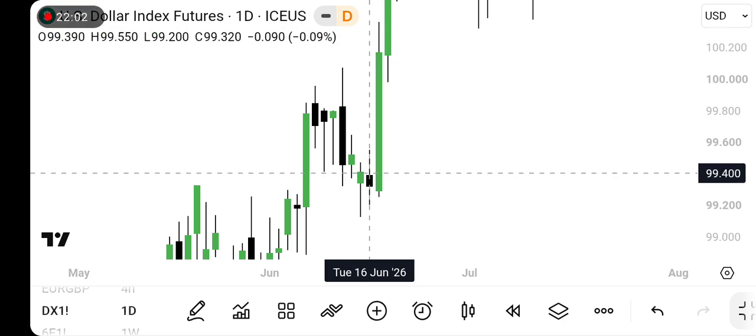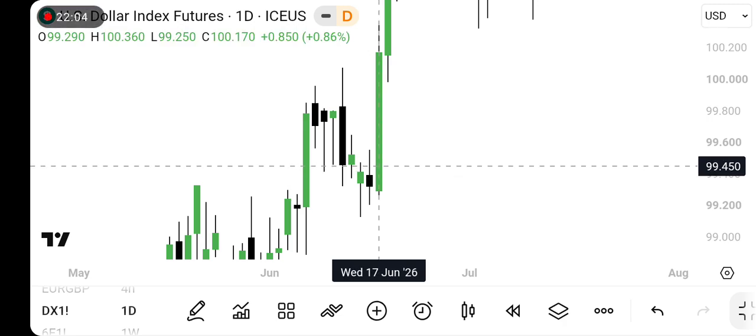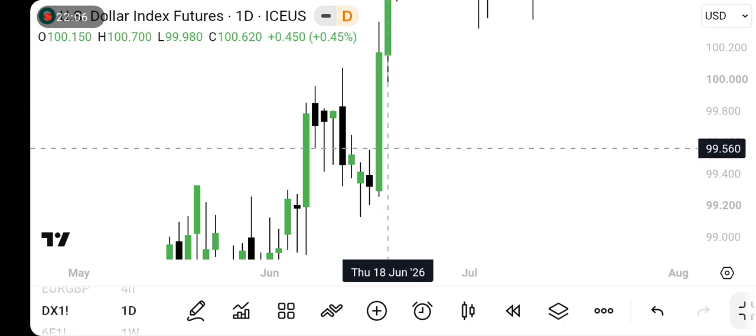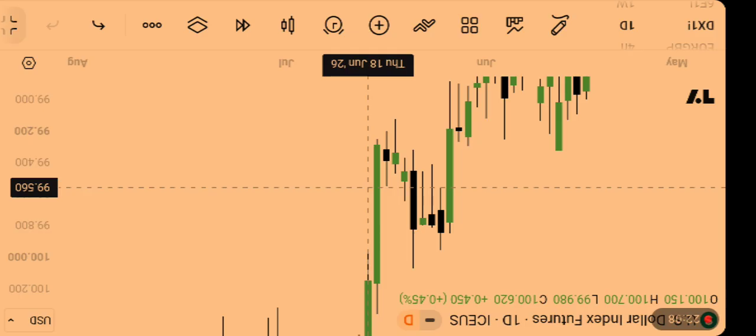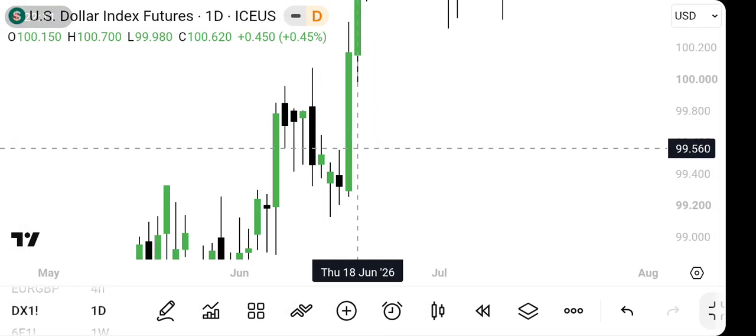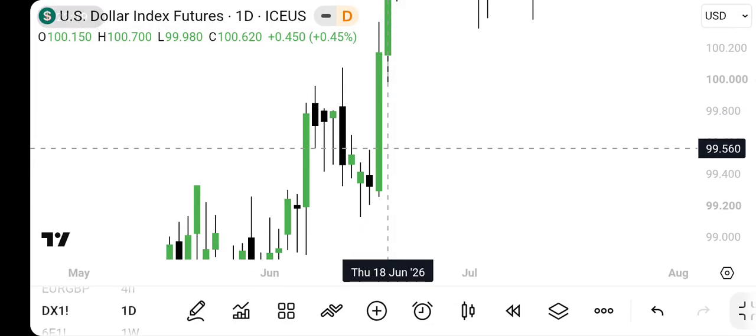We have candle 1 that formed on the 16th of June. We have candle 2 that formed on the 17th of June. We have candle 3 that formed on the 18th of June.